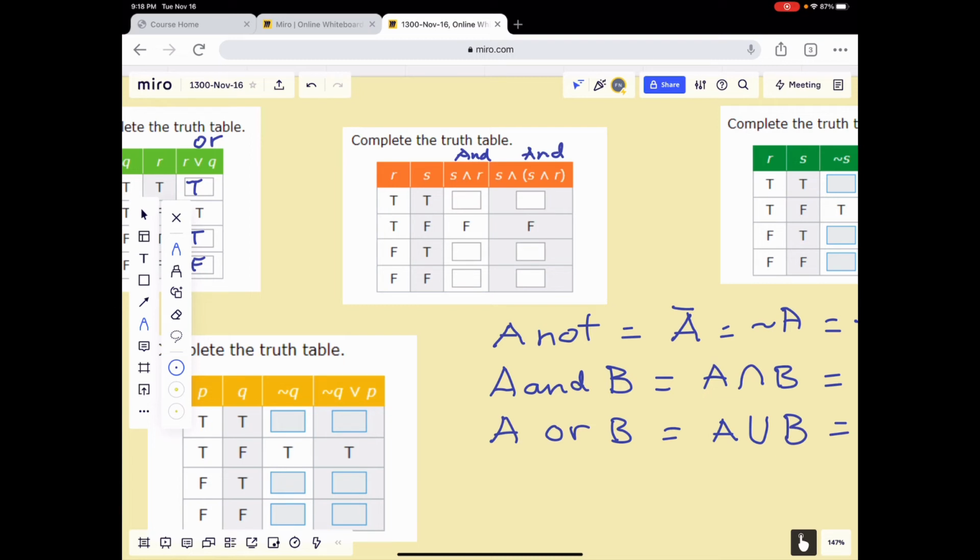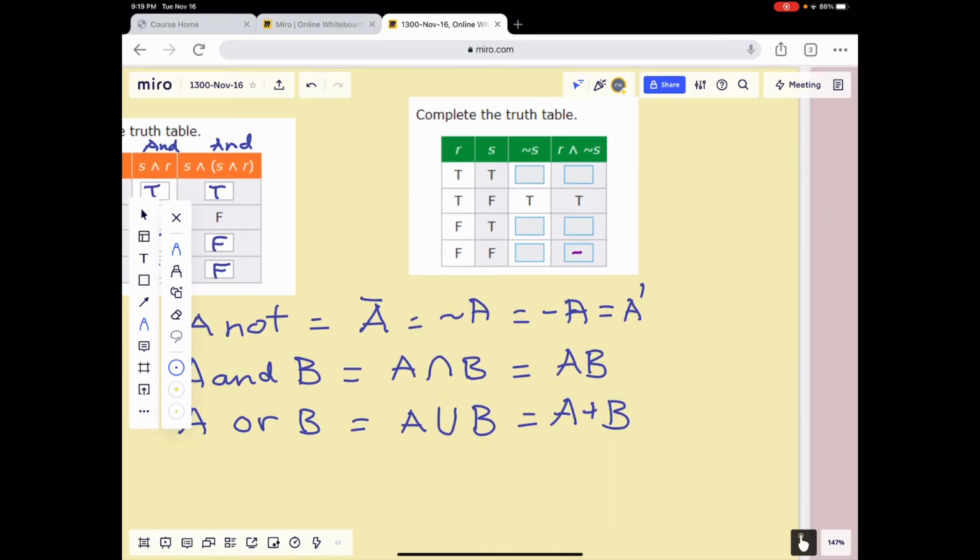So 1 times 1 equals 1, that means you put down T. 1 times 0 equals 0, that means F. And F, 0 times 1 equals 0, so put down F. And F times F, 0 times 0 equals 0, put down F. And then you multiply by S. So S is true times true, 1 times 1 equals 1, so that means T. And F times F, S is F, F times F equals F. And true times F, 1 times 0 equals 0, put down F. And F times F, 0 times 0 equals 0, that means F.